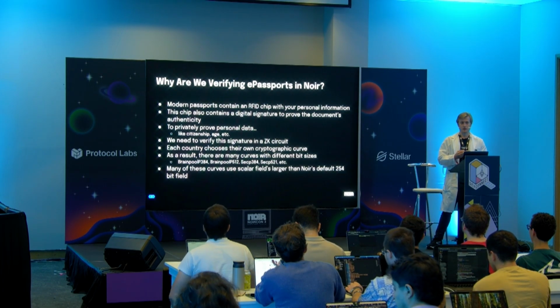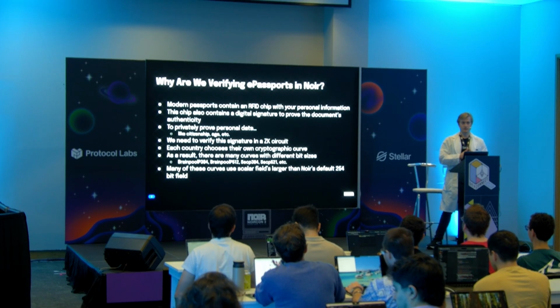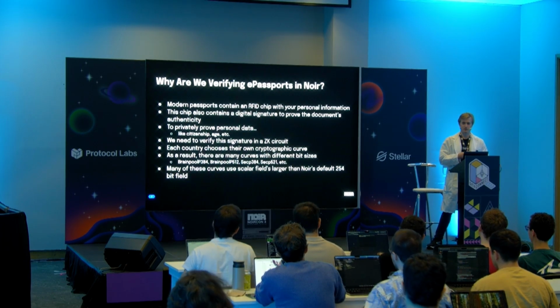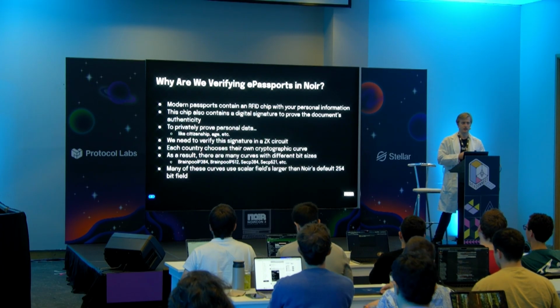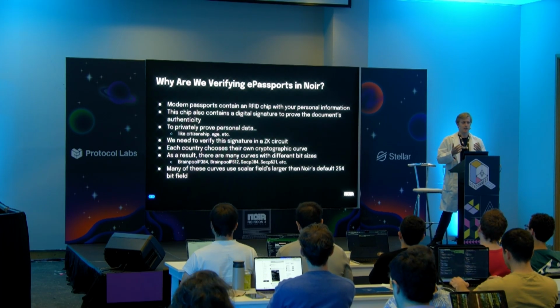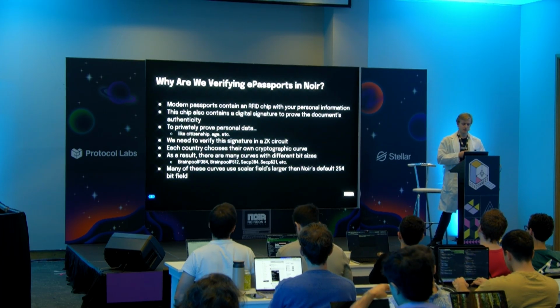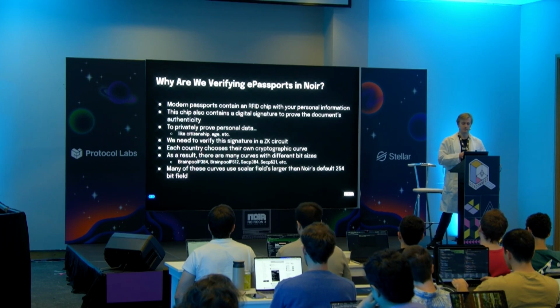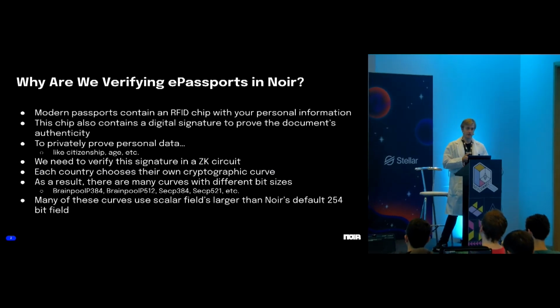As you might know, ZK Passport is a project that's now in production. What is ZK Passport actually trying to do, and how does it keep your identity private from third parties? In modern passports, we have this RFID chip that basically has your personal information.